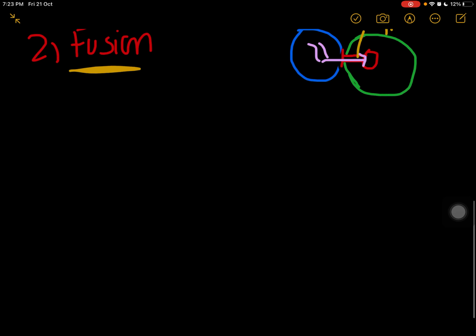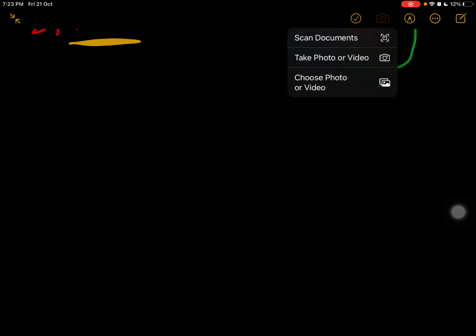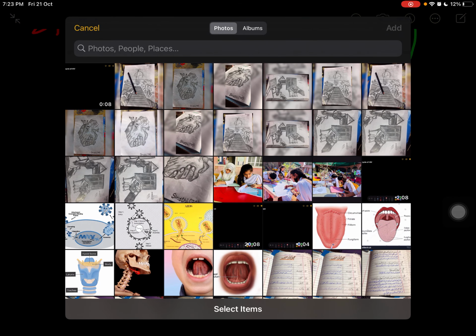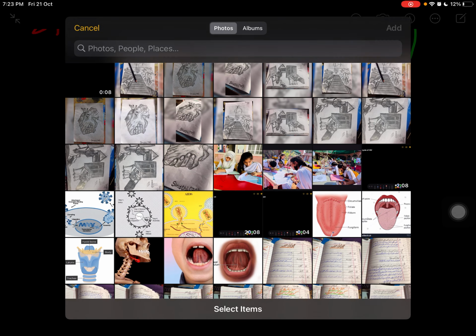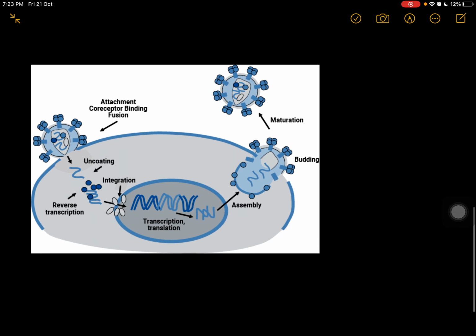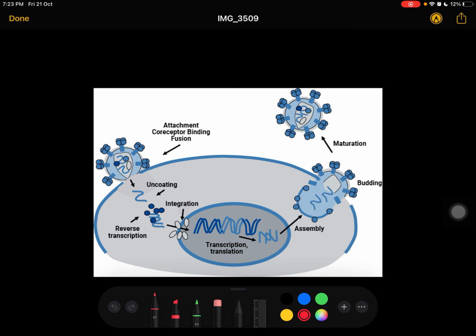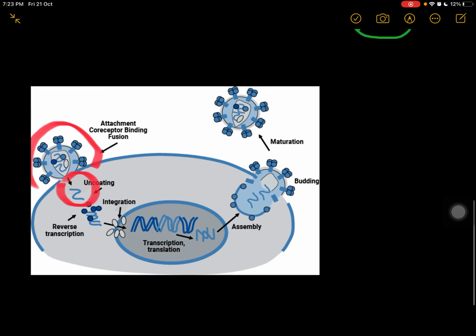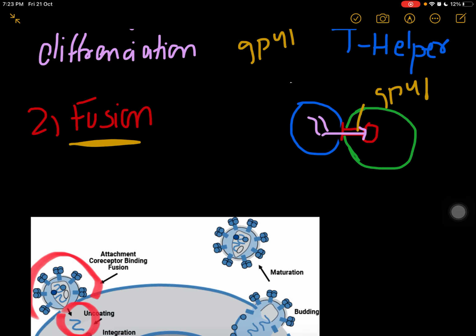Let me show you the diagram too. As you can see in this diagram, this is the double-stranded RNA going inside. The attachment and the fusion have been done, and now the RNA will go inside the cell through this GP41.